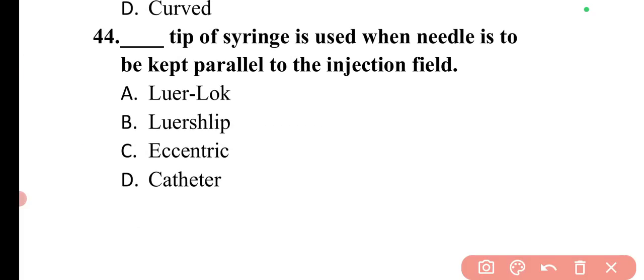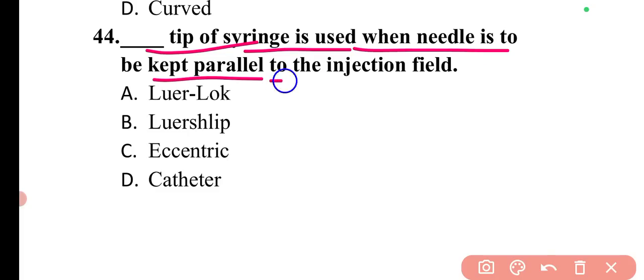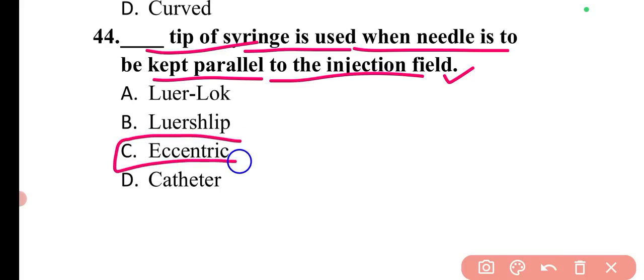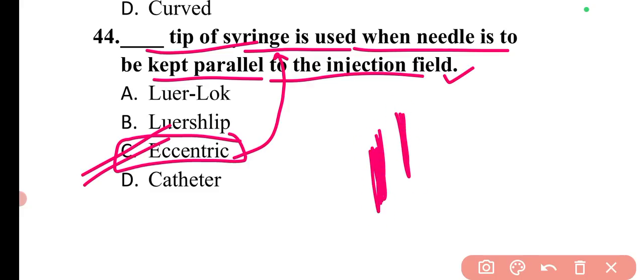Next question is, dash tip of syringe is used when the needle is to be kept parallel to the injection field. So the eccentric tip of syringe is used when the needle is to be kept parallel to the injection field. This is the injection field, and so it should be kept parallelly.